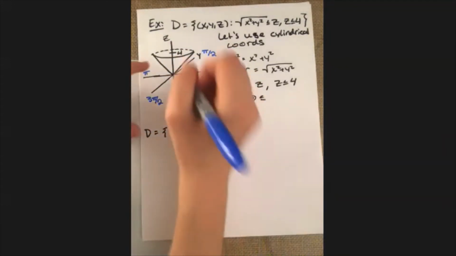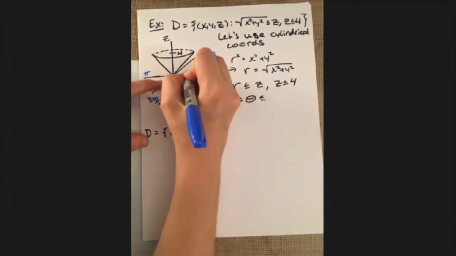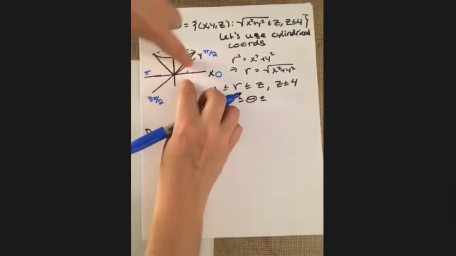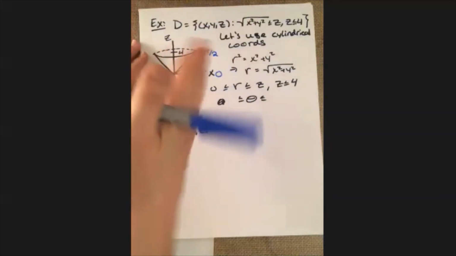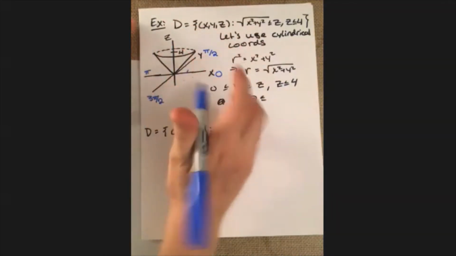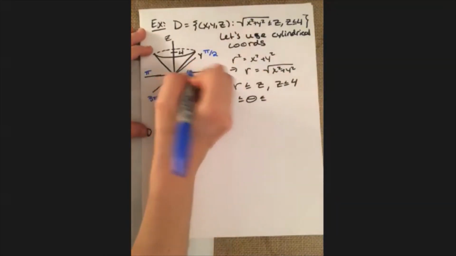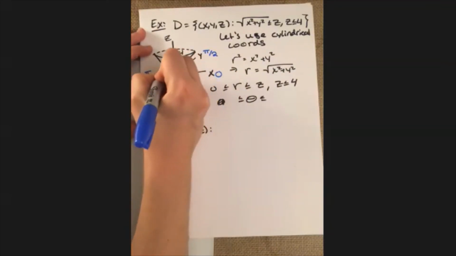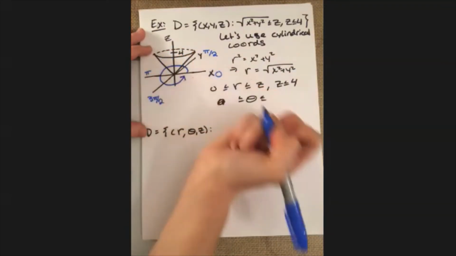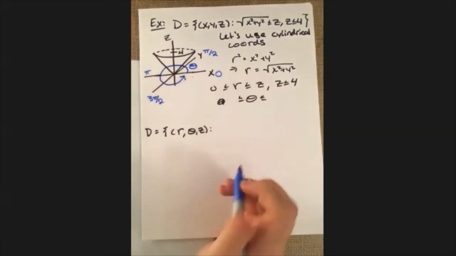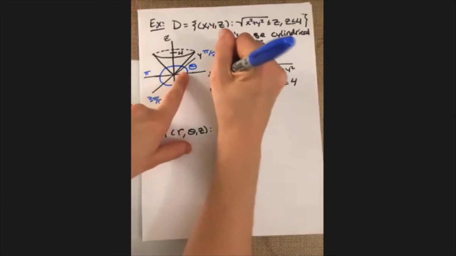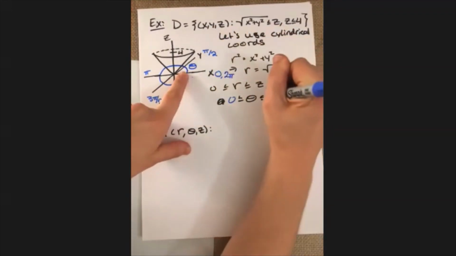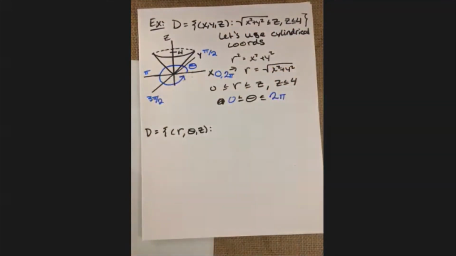And theta, we can allow it to start at 0. Since we want an entire circle in our cone, we have no restriction on what segment of the cone we want, aside from how tall we want it to be. So we want theta to go all the way around. Theta is going to start at 0 and go all the way back around and end up at 2 pi. Just like so.